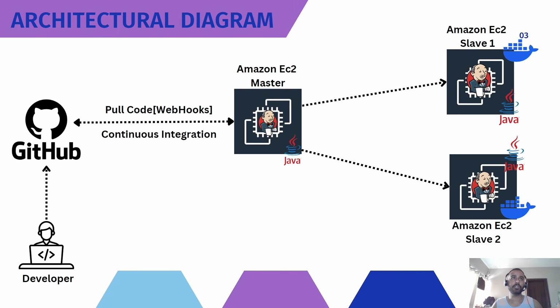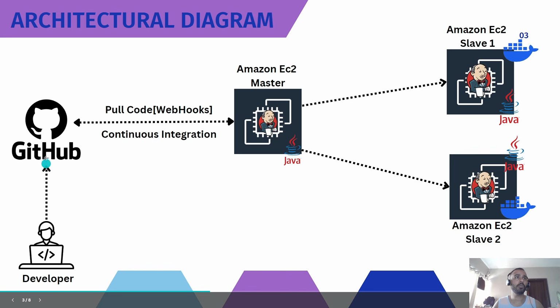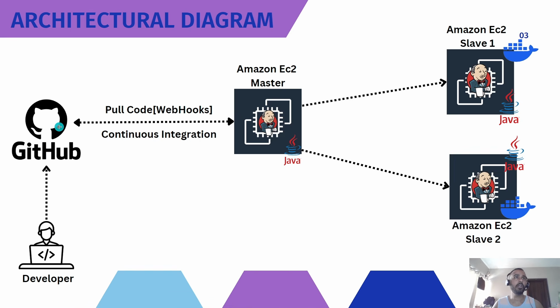What exactly we're going to do is create a CI/CD pipeline. Over here, this part is the continuous integration, where when a developer pushes the code onto GitHub, automatically, based on the webhook, it is going to run the job on Jenkins Master. The work of Jenkins Master is to initiate the job based on the trigger which has been configured, and it is going to run that job on our slave 1 or slave 2 based on our requirement.